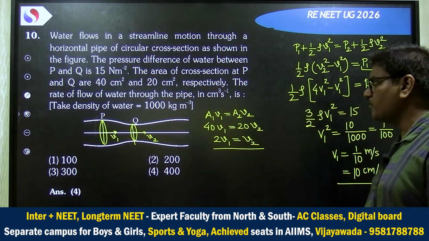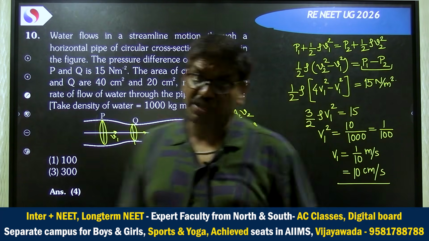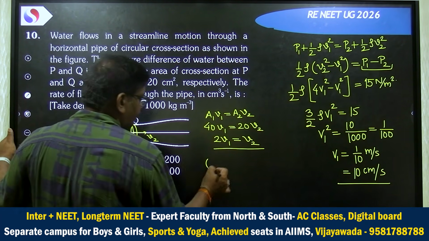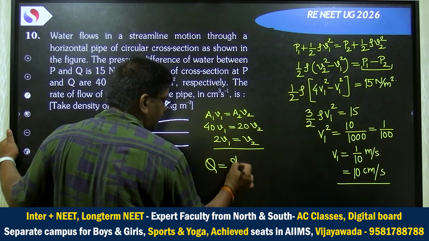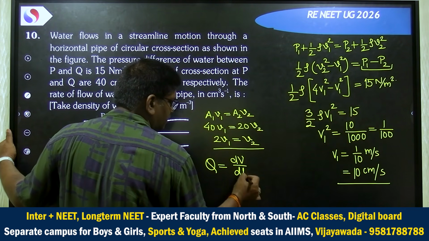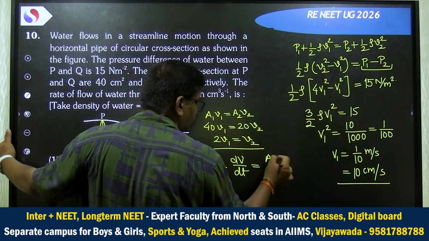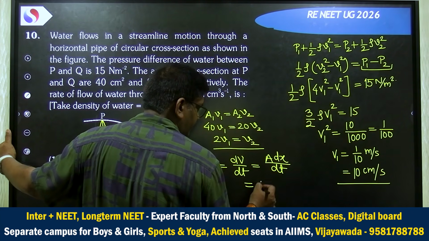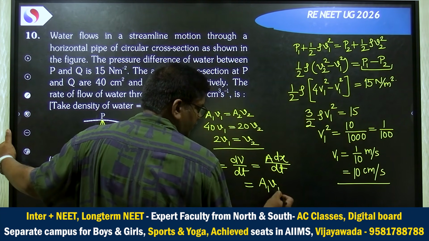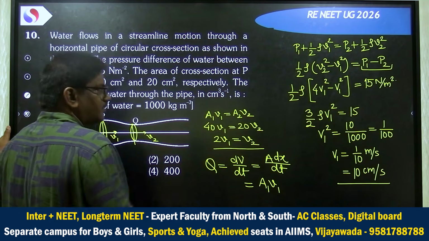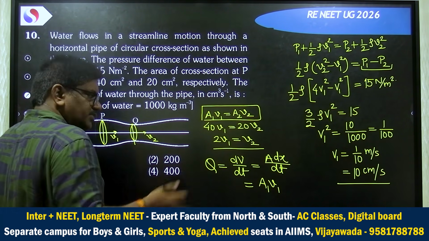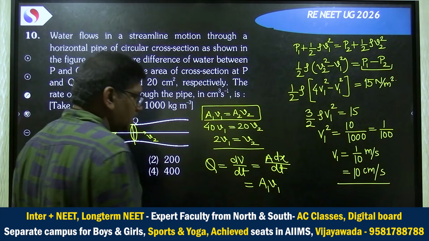The reason being, I have to find out the flow rate in centimeter cube per second as given in the question. So you know that flow rate will be dV by dt, and dV by dt will be area into dx by dt, and that's why this is nothing but A1V1 or A2V2, right? So basically your equation of continuity is nothing but flow rate. Flow rate is constant in a streamline, that's why we are applying this.